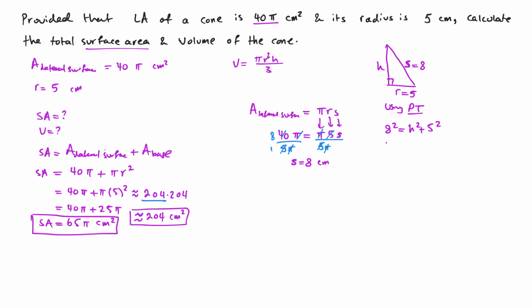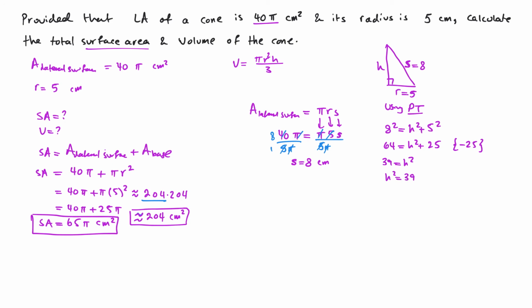So 8 squared is 64, equal to h squared plus 5 squared, which is 25. I'm going to isolate h by subtracting 25 from both sides. So I get 39 is equal to h squared.